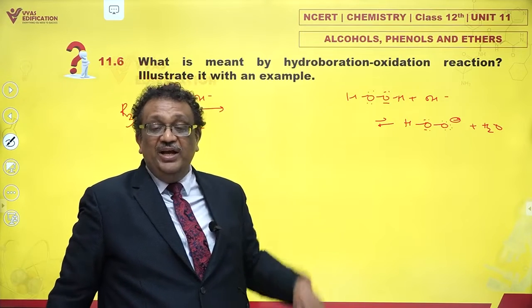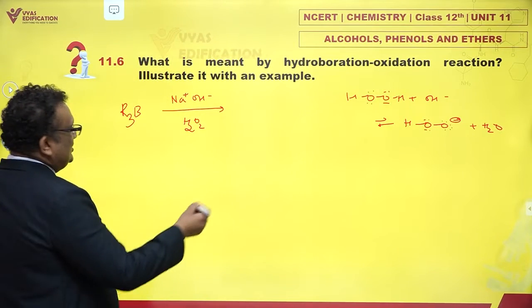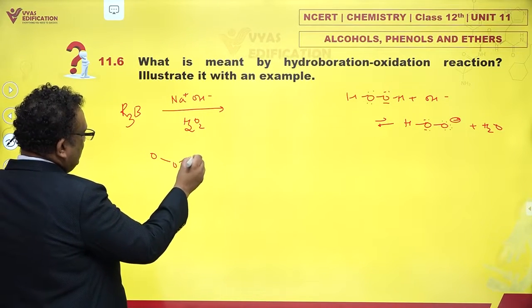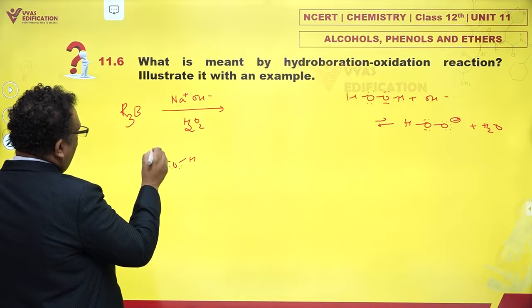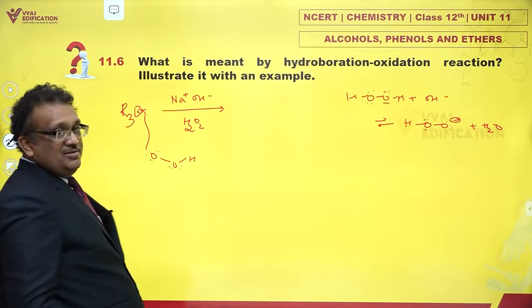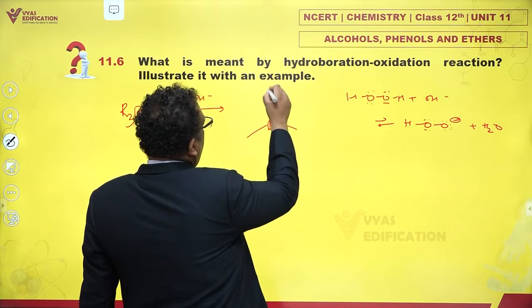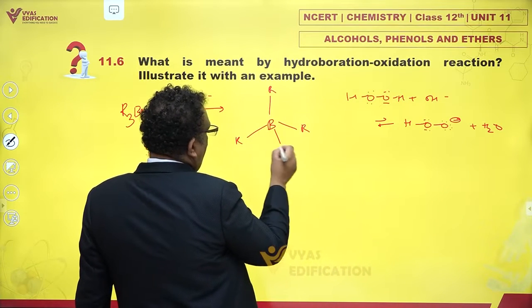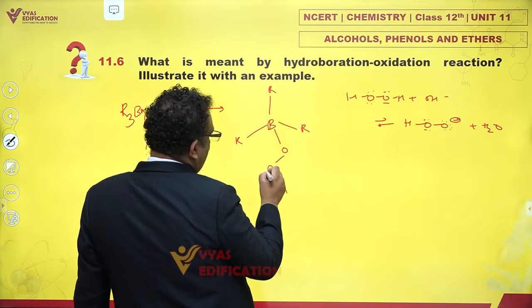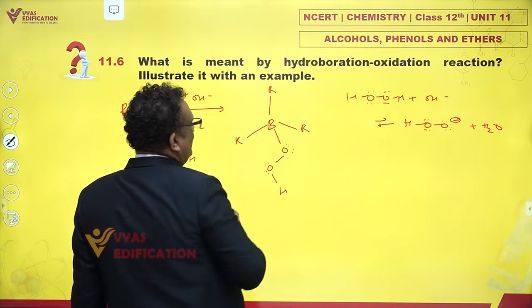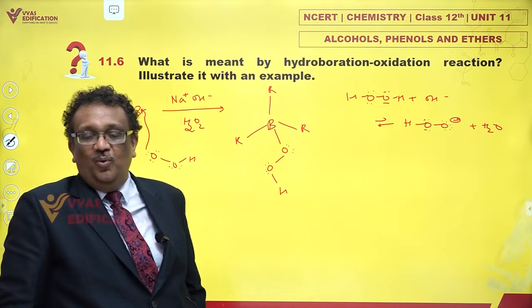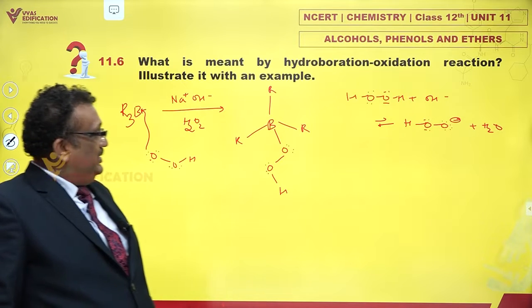You get peroxide anion. And this HOO minus, oh my God, it goes and attacks it. So you get B, R, and OOH. Something like this. Wonderful. And what happens?